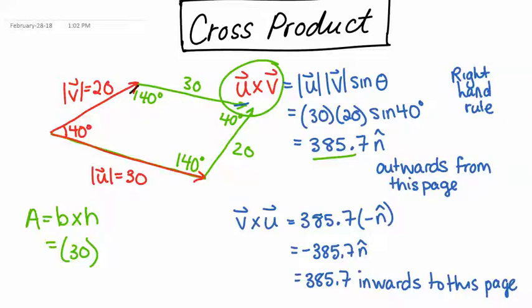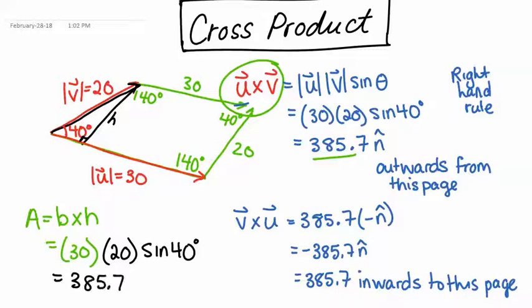So if I wanted to find my height here, I could use this angle 40 degrees, and I know my hypotenuse is 20, so sine 40 would equal opposite over hypotenuse. So 20 times sine 40 would give me the height, which, as it turns out, 30 times 20 times sine 40 is just equal to the cross product, 385.7.